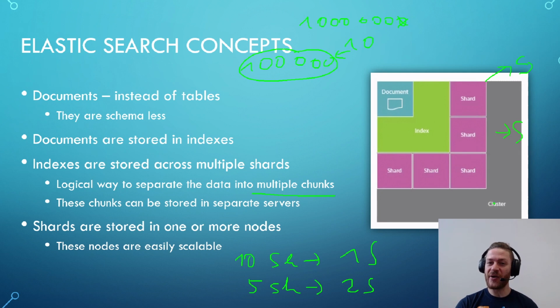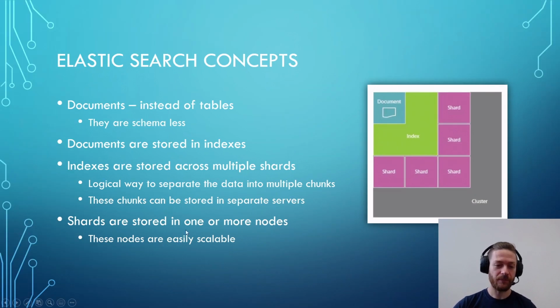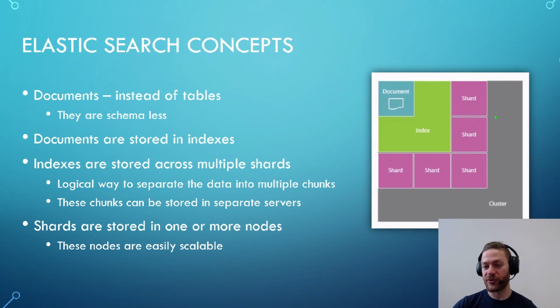And it's very easy. And if you decide to scale down, if you have, for example, 2 servers, and then tell Elasticsearch that you no longer need 2 servers, you can easily move everything to one server, and Elasticsearch will say, okay, 10 shards, not a problem. So these shards are stored on one or more nodes.